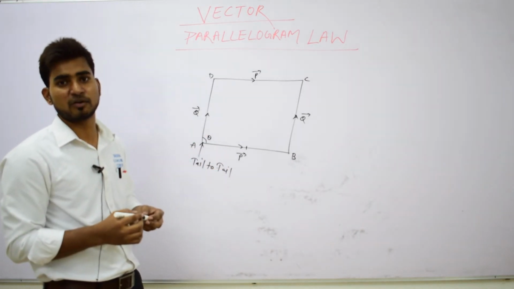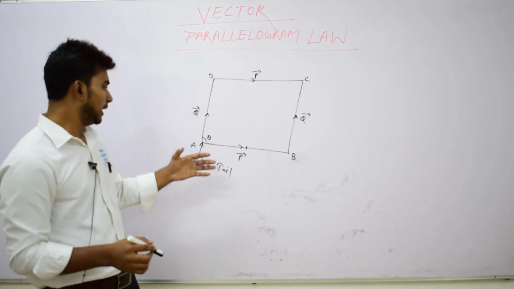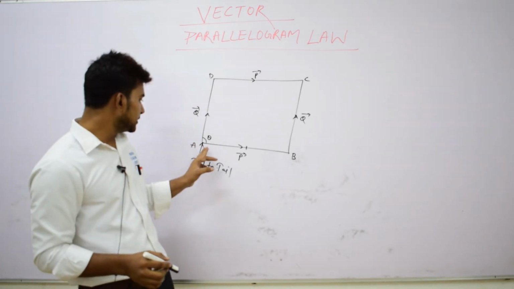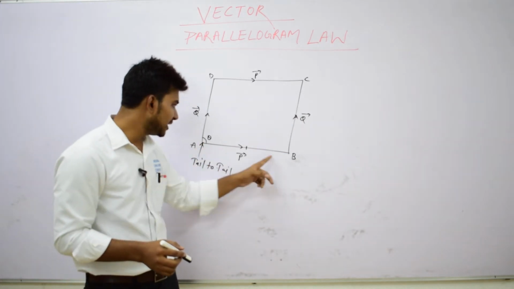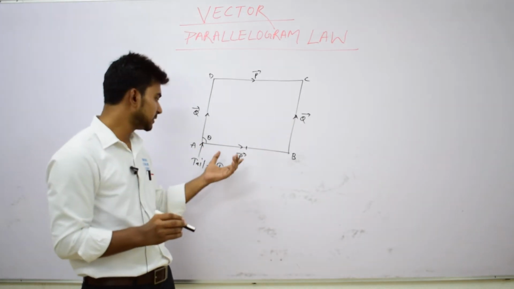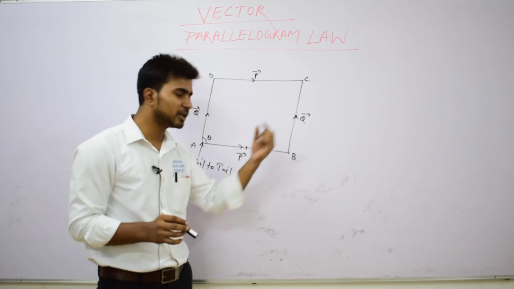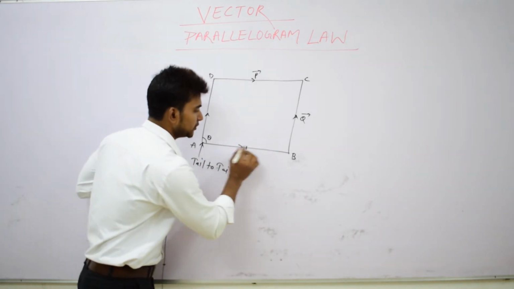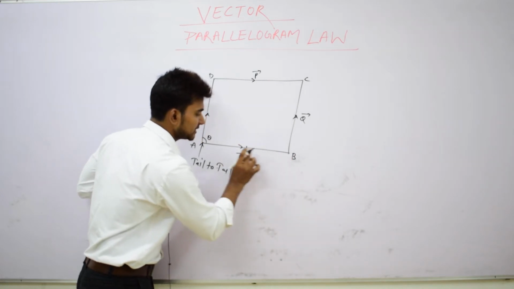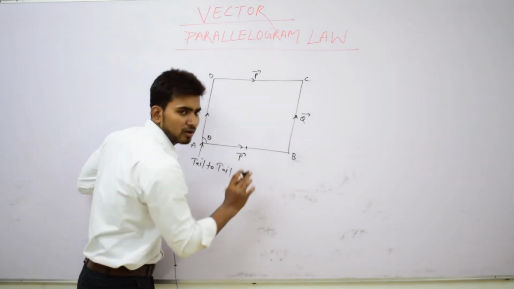From the graphical method of addition we can check it. Just see AB and BC first. Suppose AB and BC are two sides on which the vectors P and Q are applied. In the graphical method, I told you that in normal addition we add the head of one to the tail of another.